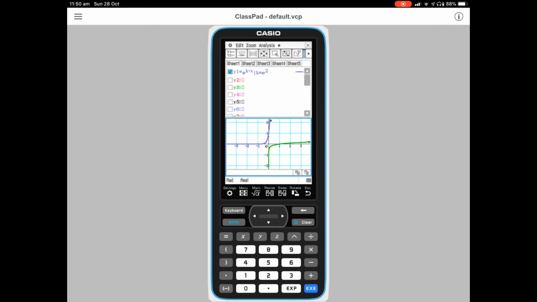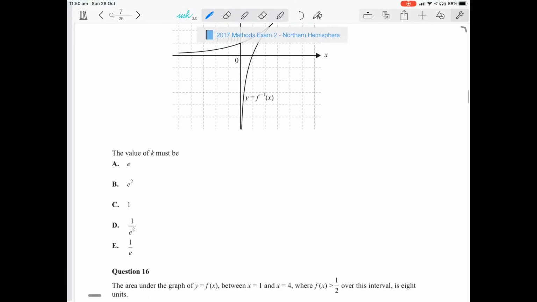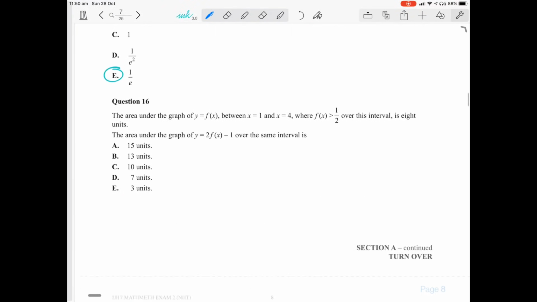Okay, the other one was 1 on e squared. And then sketch the inverse. No good. 1 on e. That looks like it could be it. Sketch the inverse. They touch at 1 point. So k is 1 on e. Of course, it's the last one.